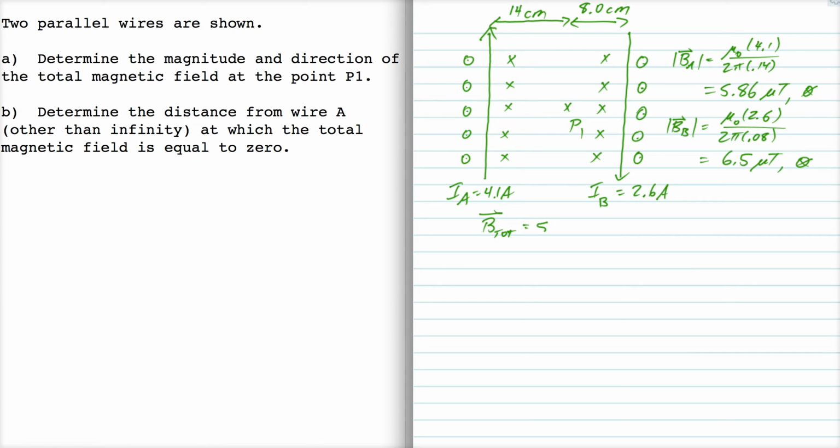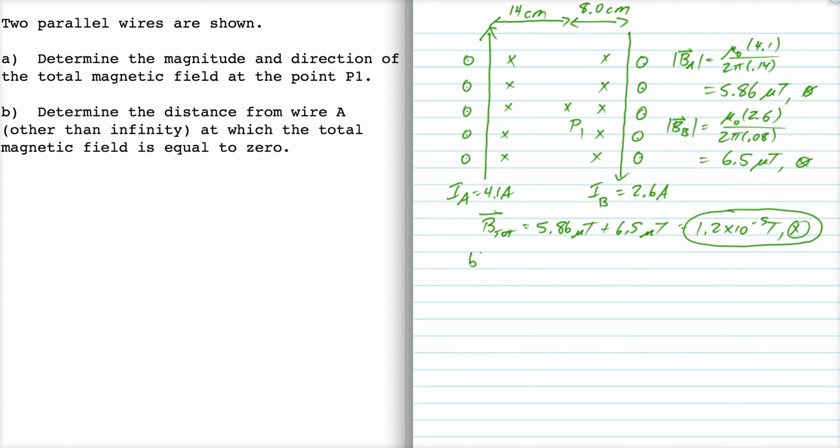So it's 5.86 microtesla plus 6.5 microtesla, which is 1.2 times 10 to the minus 5 Tesla into the page. You can either make them both positive or make them both negative. As long as you're consistent, that's fine.